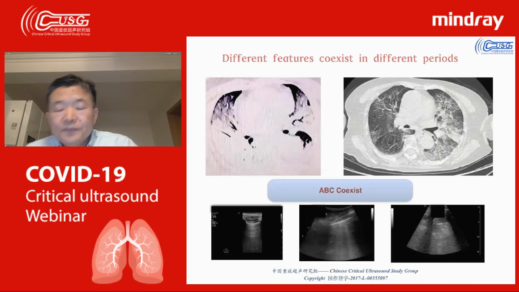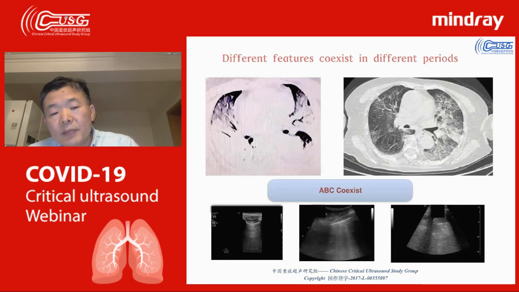In this kind of disease, you can see in different areas of the lung or chest that the A, B, or C conditions coexist. In the upper part, you will see maybe A lines and lung sliding is okay.